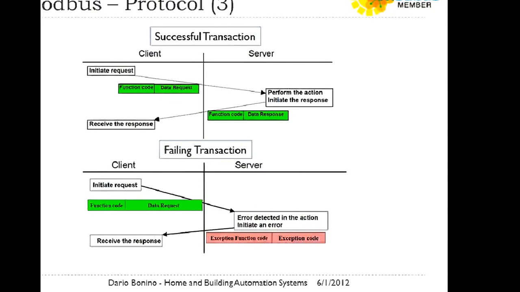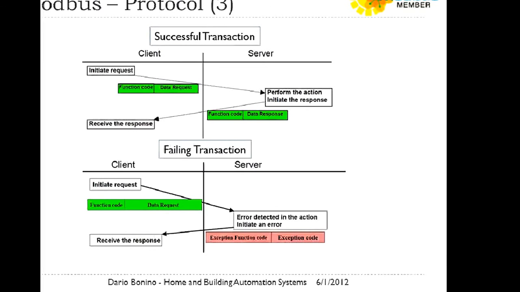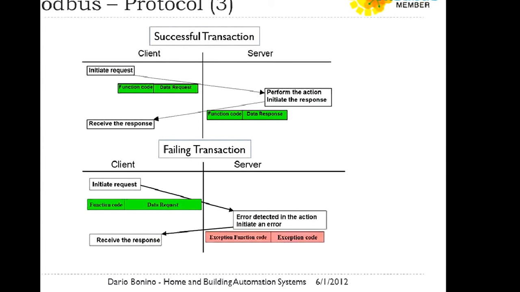So this is a really quick example of protocol communication. Usually it's a client-server, master-slave communication. The client starts by requesting some operation, by sending a function code and data request. For example, function code 1, 2. Let's say I want to write coil, and data is 1. I want to switch on something.